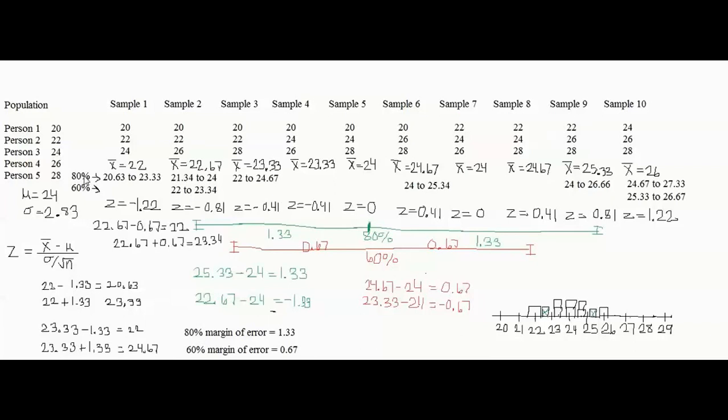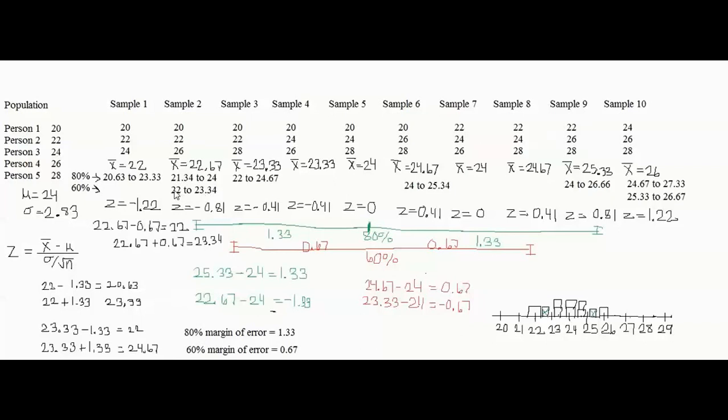One thing we should notice is that the 80% confidence intervals are wider than the 60% confidence intervals. For example, right here, this 80% confidence interval for sample 2 goes from 21.34 up to 24. But the 60% confidence interval for sample 2 goes from 22 to 23.34, which is a narrower interval of numbers.